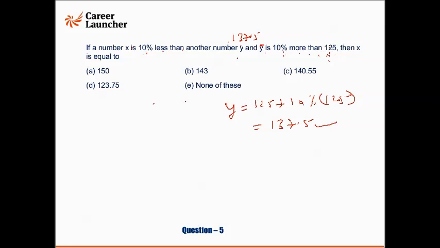Now x is 10% less than this y. So x will be 137.5 minus 10% of this 137.5, correct? So 10% of 137.5 is 13.75, and if you subtract this from 137.5 you will get 123.75. So D will be my answer.